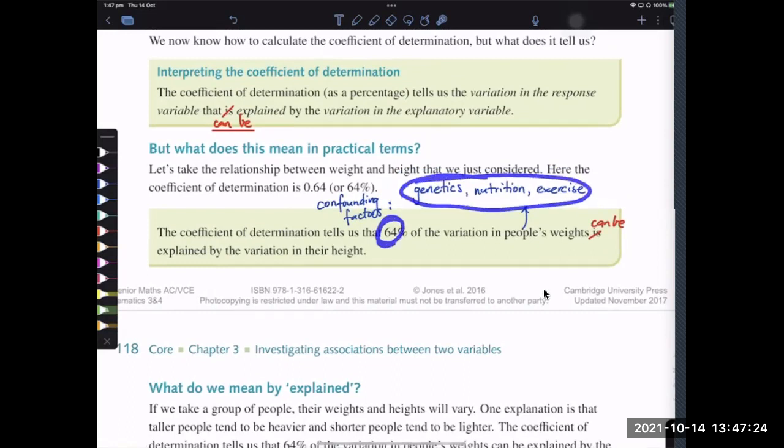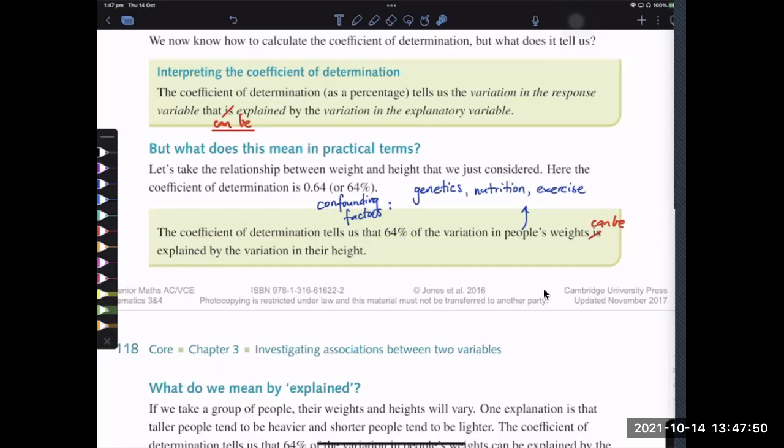These things might make up the other percentages that add up to 100%. But because this is bivariate data, we're only looking at two things, yeah? The relationship between two things. Obviously, other things affect it as well, but that's the thing. We're only looking at two things here. That's what this number tells us, how strongly they're related.